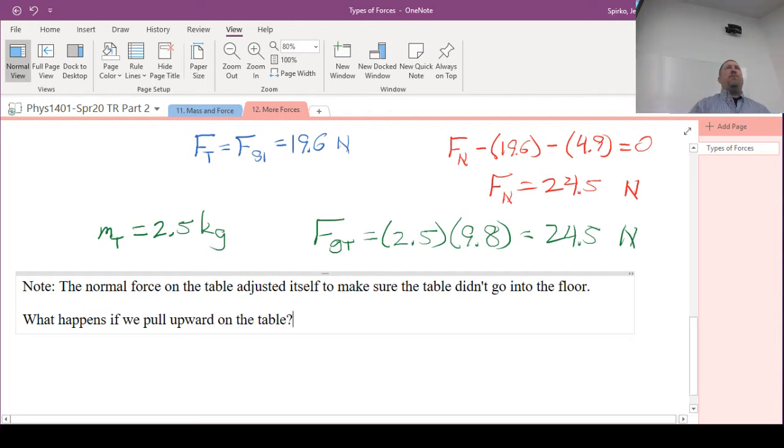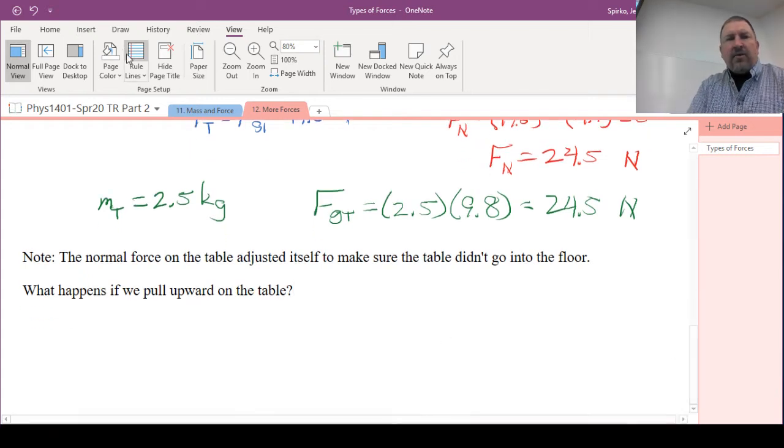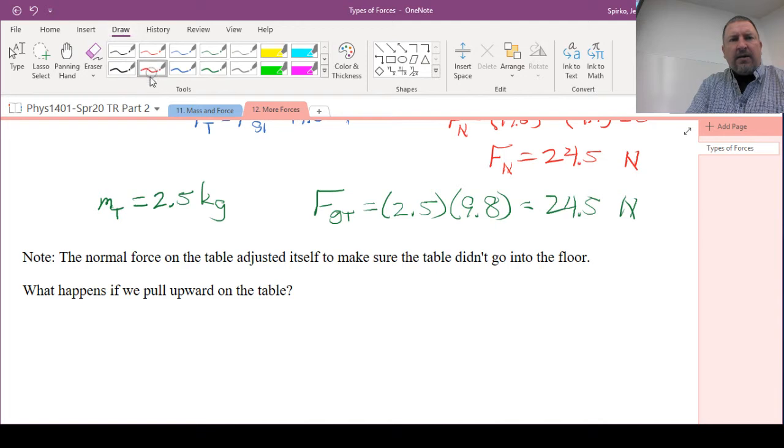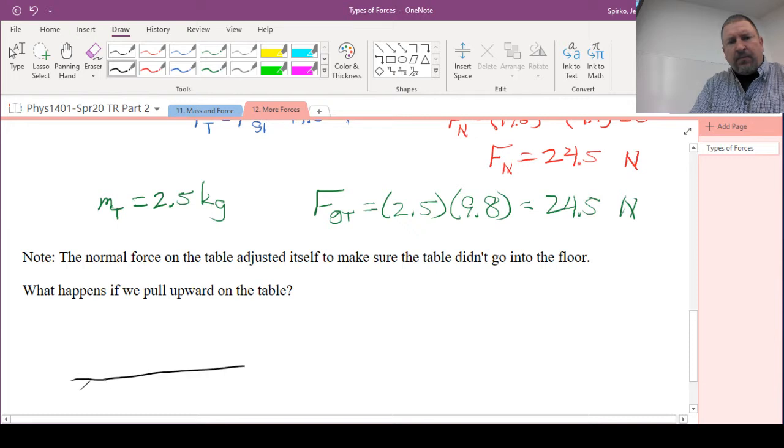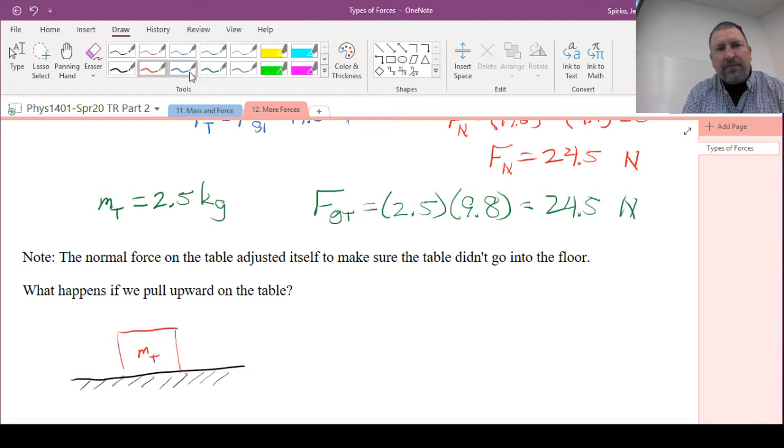So what happens if we pull upward on the table? So I'm going to have a drawing with a floor. And I'm just going to represent my table as a block with M table.